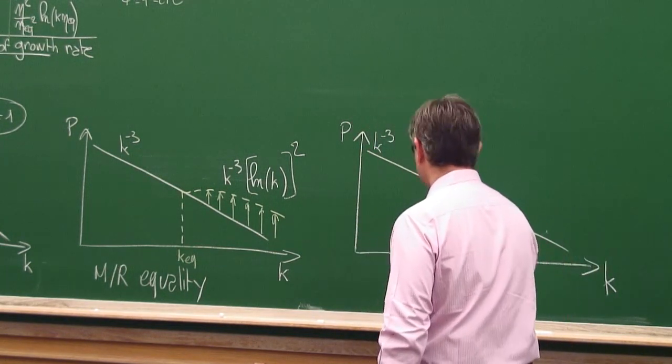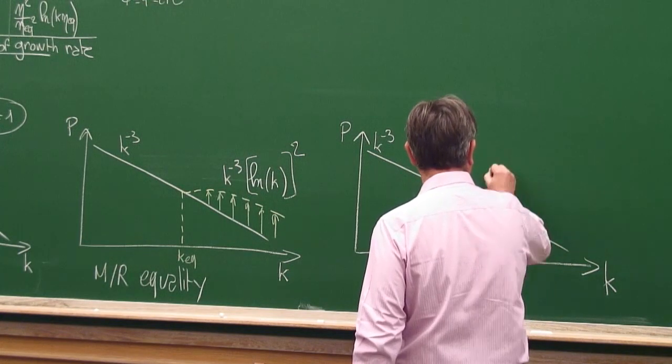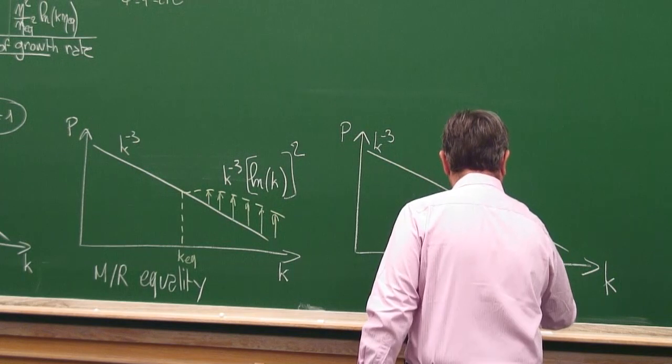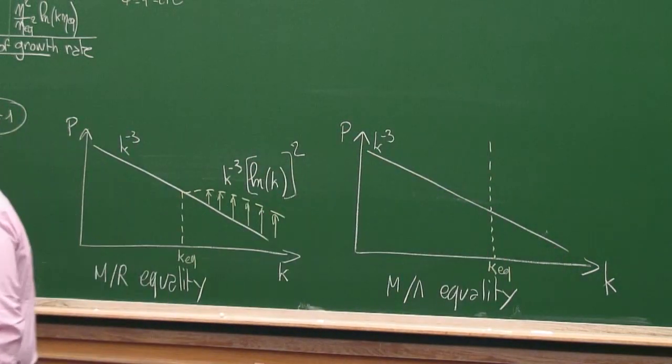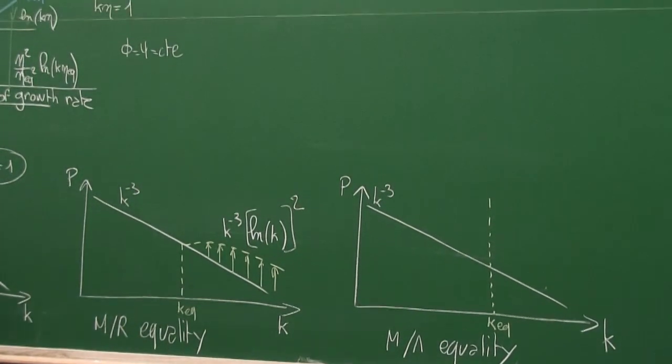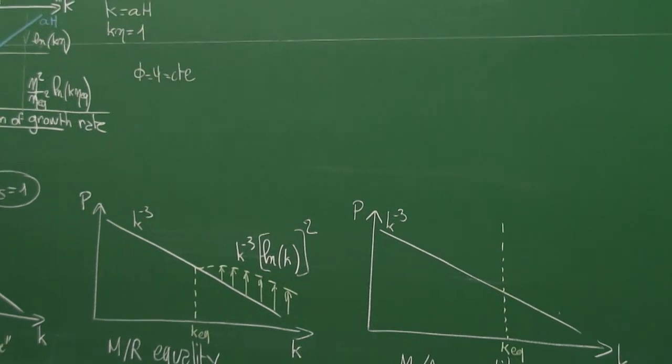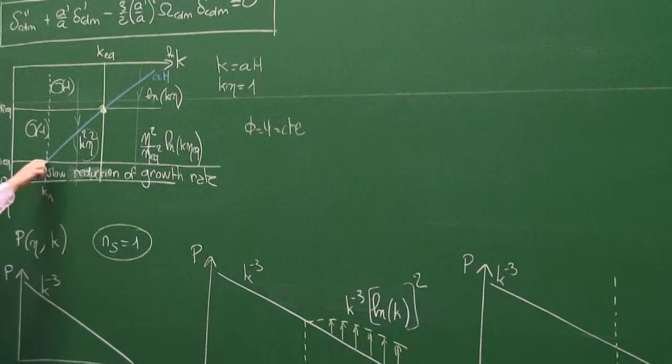I still have an important characteristic scale, which is k equality. Another characteristic scale is this one. I'm now at this time of equality. This scale is k lambda. It is a scale entering into the Hubble radius at the time of matter-lambda equality.